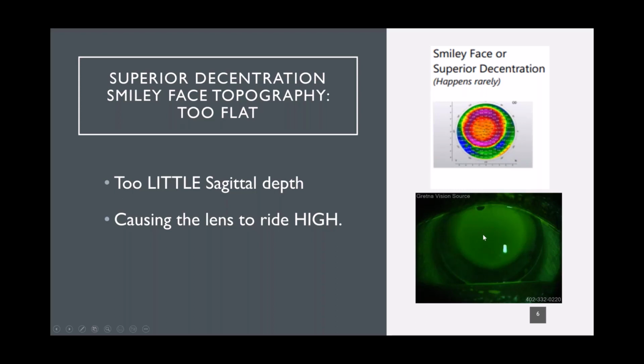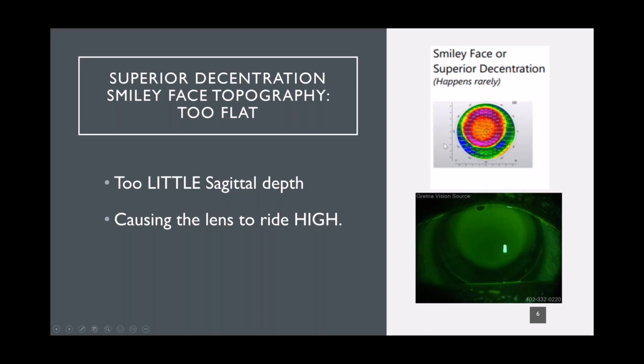And then down here we have a picture of a lens that's fitting just too high. People often refer to that superior decentration as a smiley face, because relative to where your pupillary margins are, the bottom edge of that ring creates a little smile within the pupillary zone.